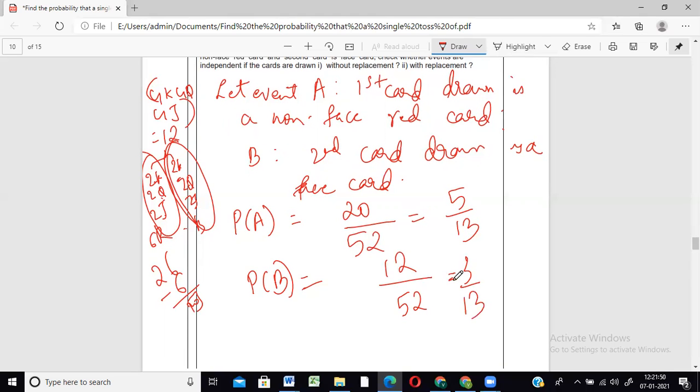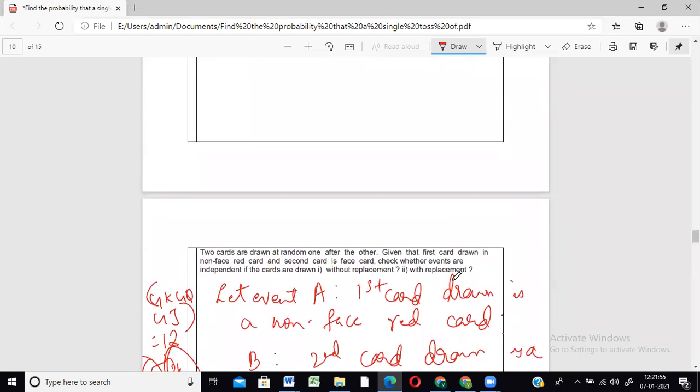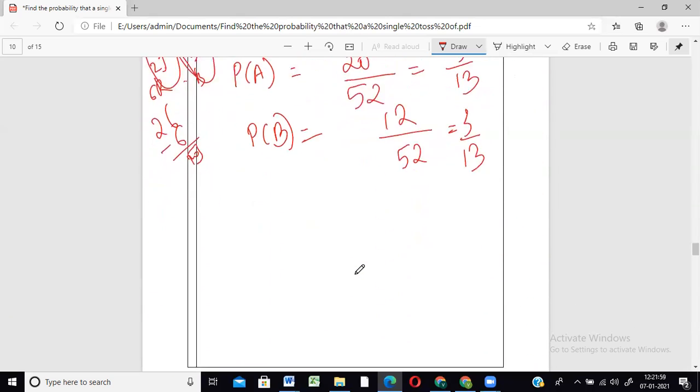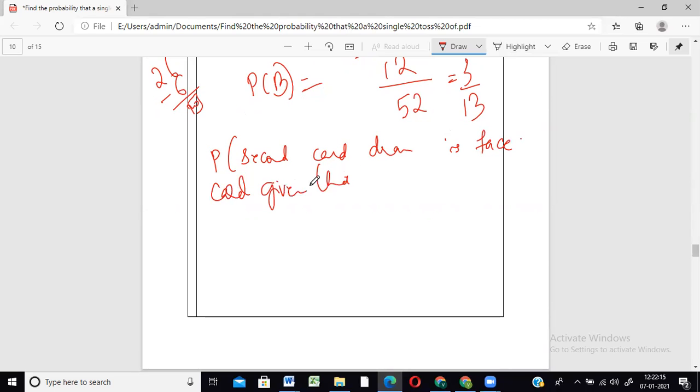All right. Now the required probability. What was the required probability? That the first card drawn is a non-face red card and the second card is a face card. So the required probability is that the second card drawn is a face card, given that the first is a red card.